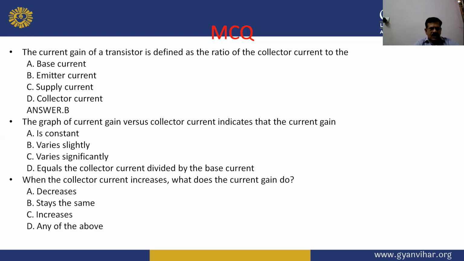Next question: the graph of current gain versus collector current indicates that the current gain is constant, varies very slightly, varies very significantly, or option D, equals the collector current divided by the base current. The correct answer is that the current gain varies slightly.